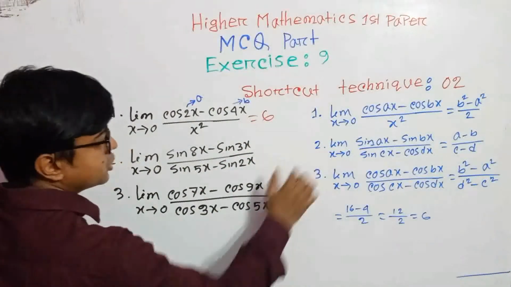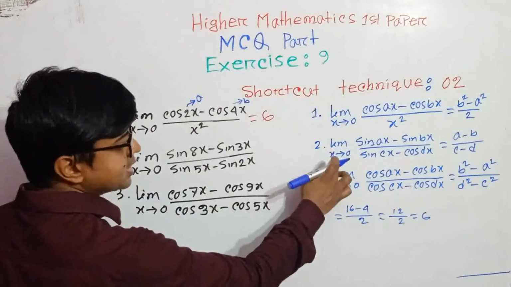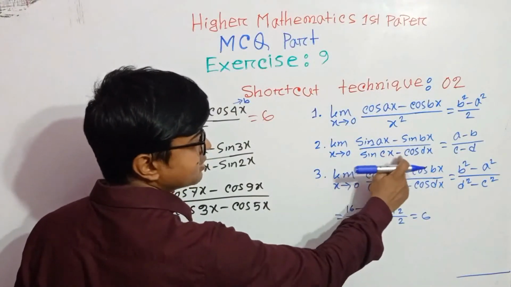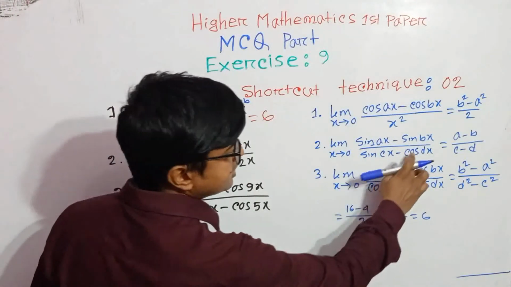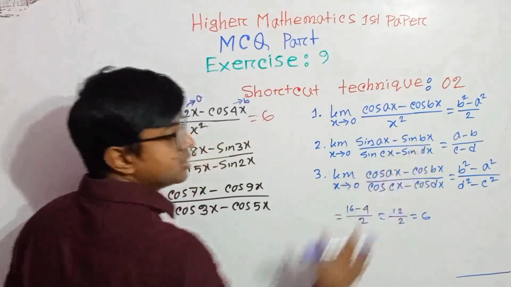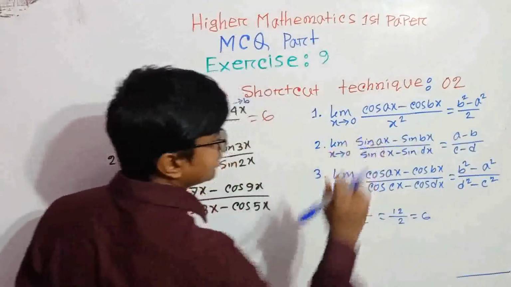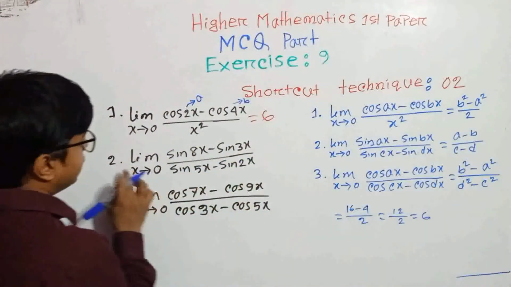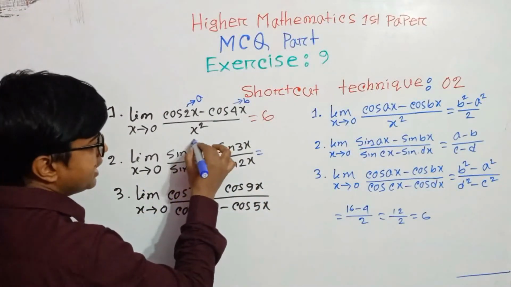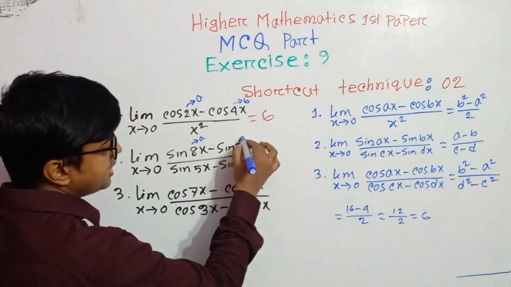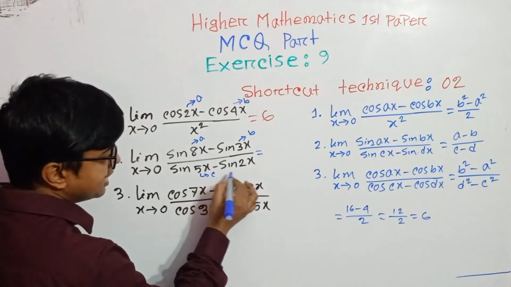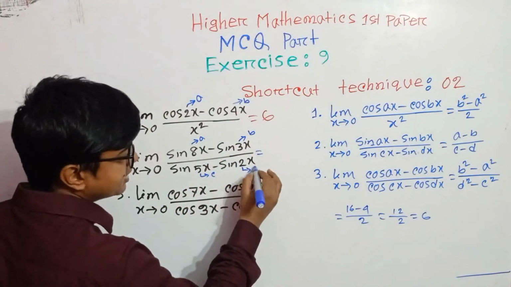And here question number 2, if limit x tends to 0, sin ax minus sin bx by sin cx minus sin dx, then we can use this formula. So our answer for this math will be, look at this, here a is 8 and b is 3, and here 5 is c and 2 is d.